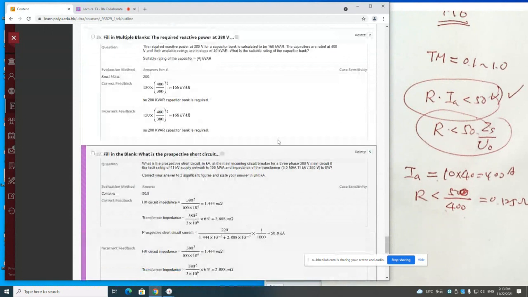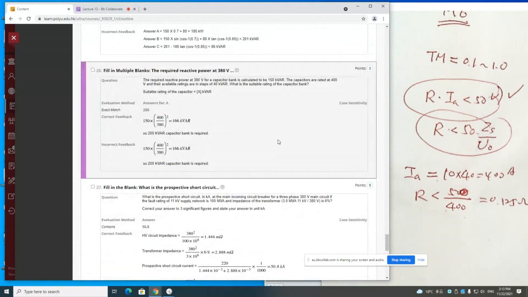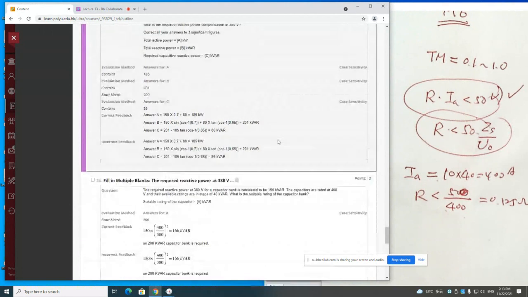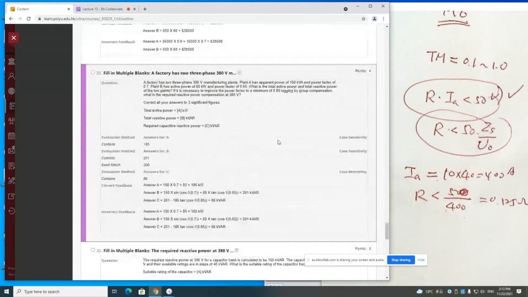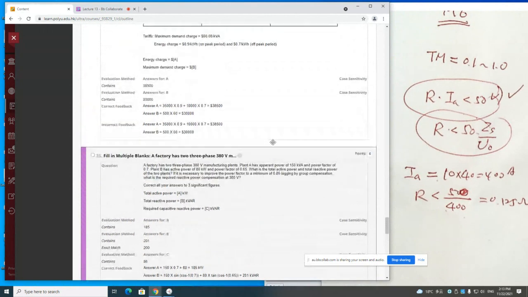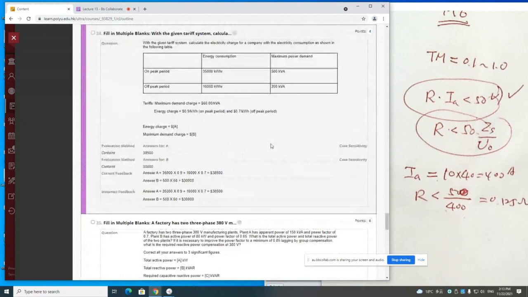For the other questions, I don't think there is any difficulty, because the steps are already provided, so I don't think it's necessary to go through all the detail.